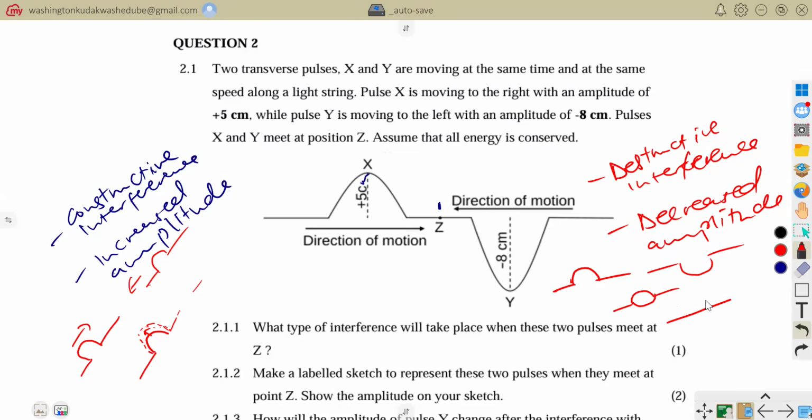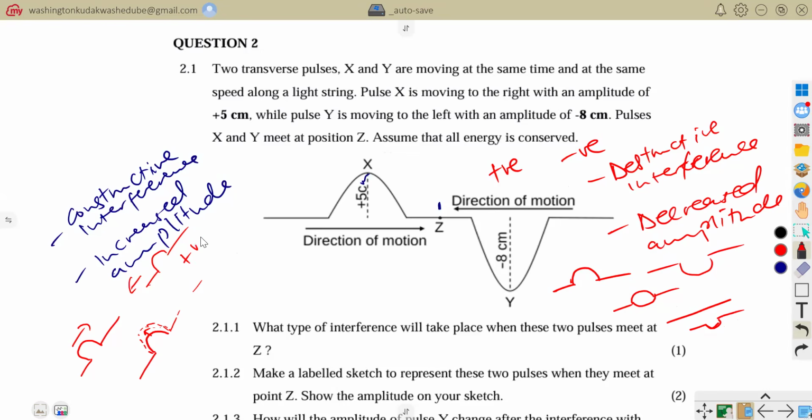It means that our particles will not be displaced from the wave itself, or the amplitude is just going to decrease. We might have a decrease that is in the negative or in the positive. So whenever a positive and a negative pulse meet, they form destructive interference.